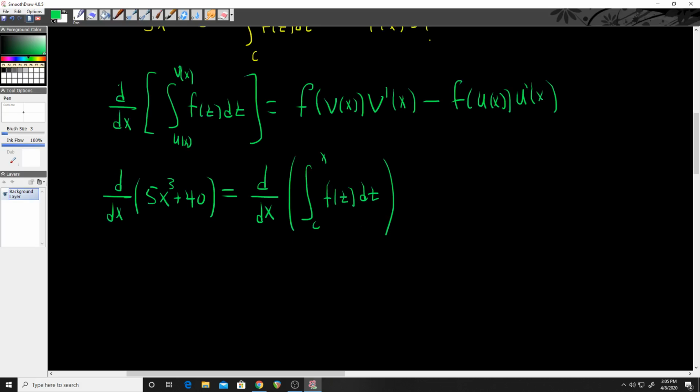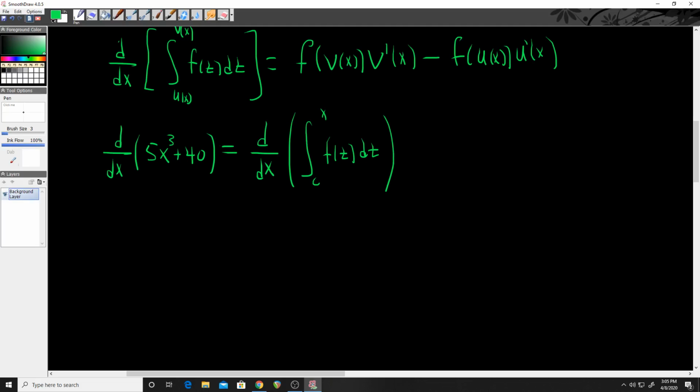Let's do the left-hand side first. The left-hand side is actually easier. The derivative of 5x cubed is just 15x squared plus 0. So we get 15x squared equals, and then this.